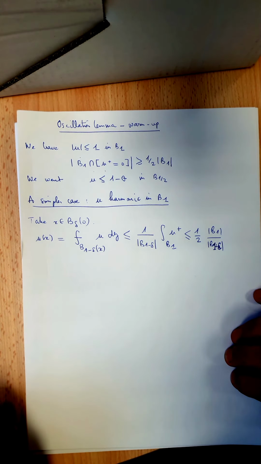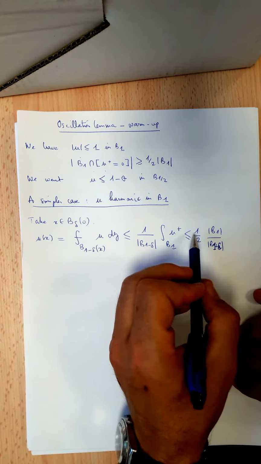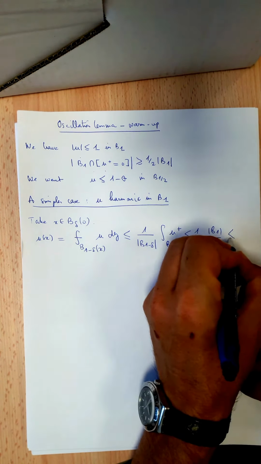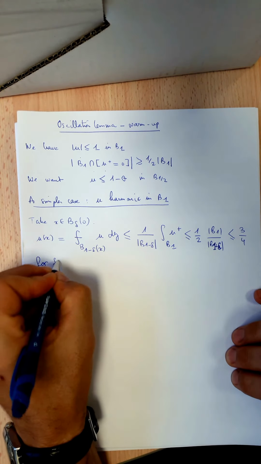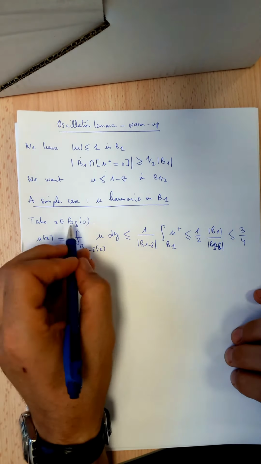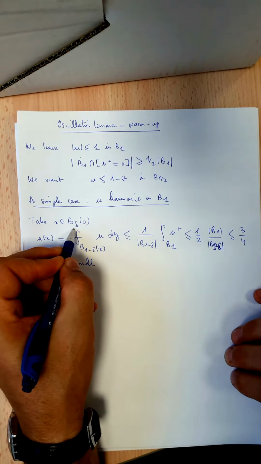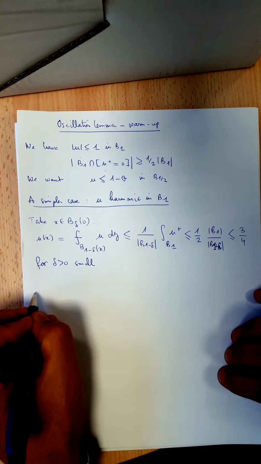Okay, so if we take delta sufficiently small, depending on dimension only, we can make sure that this whole quantity is less than 3/4 for delta positive small. Okay, so already for those points in the ball b delta, we're done because we've decreased the maximum of u.